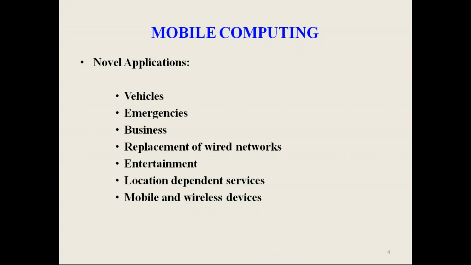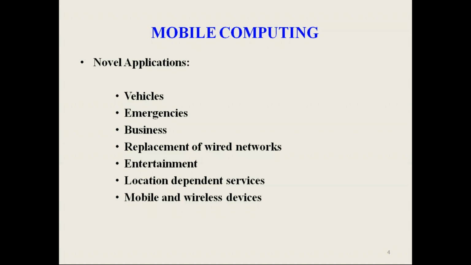Okay, then one more is replacement of wired networks. Here, wireless networks can be used to replace wired networks, for example in remote sensors, for trade shows, or in historic buildings also.